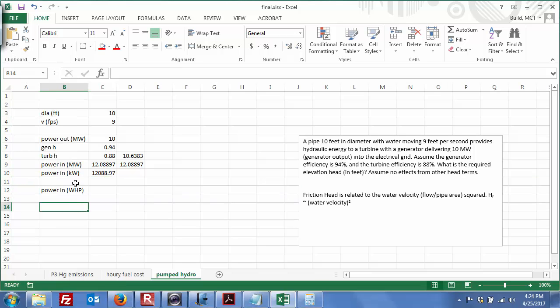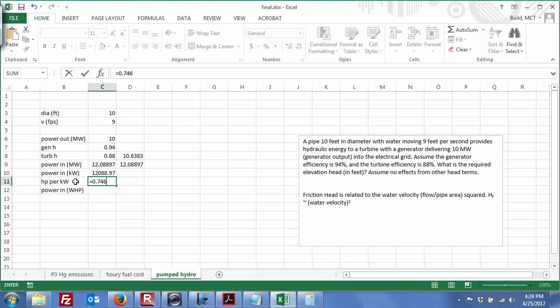Power in horsepower, or no, it's just horsepower per kilowatt equals 0.746.